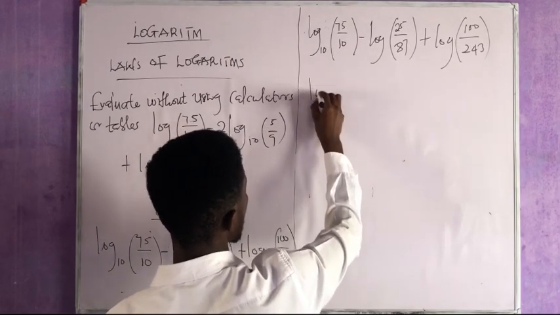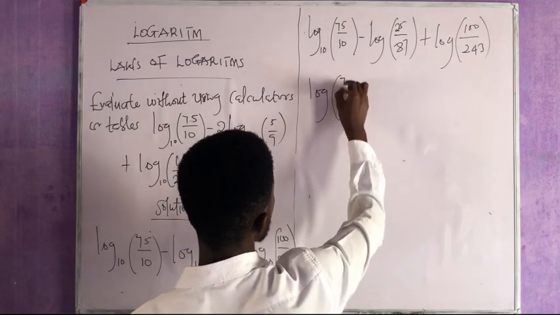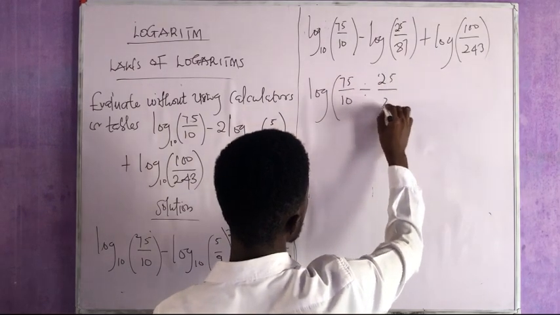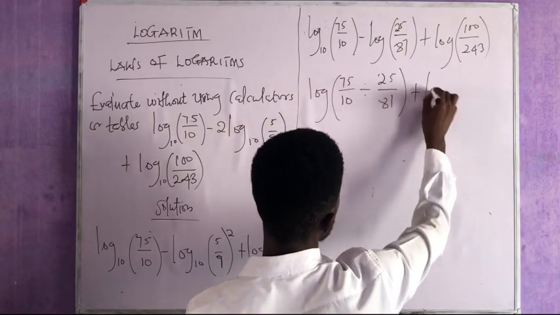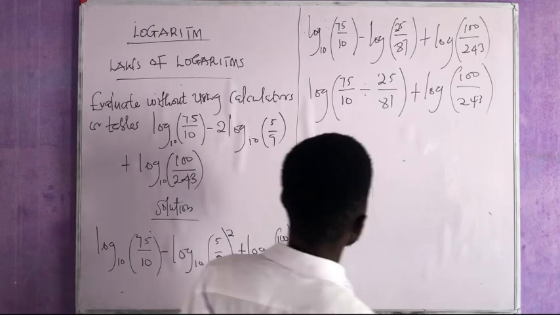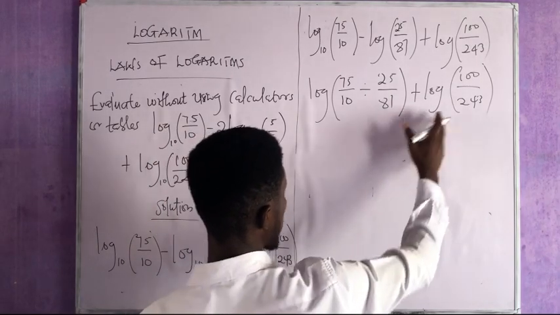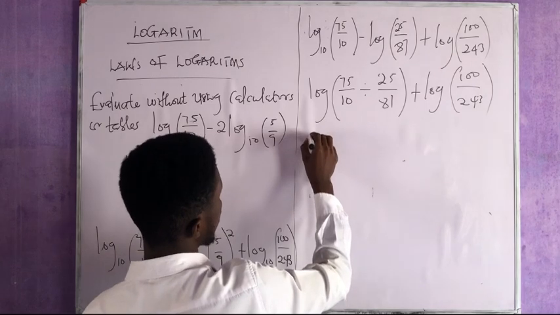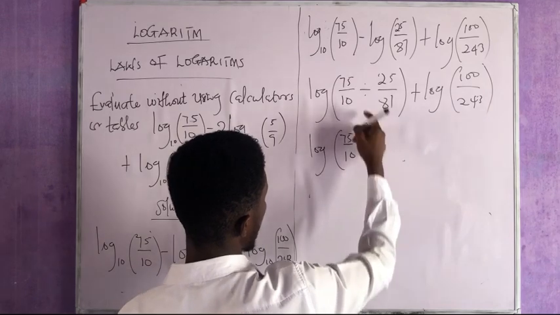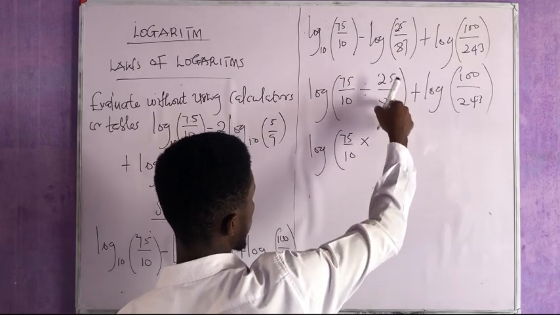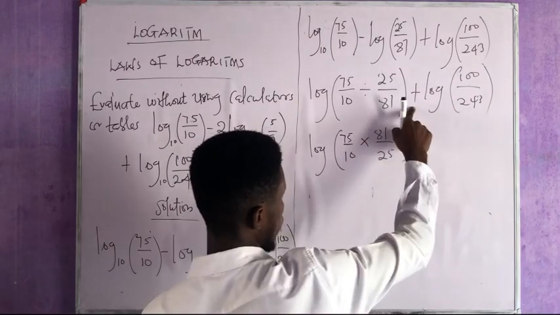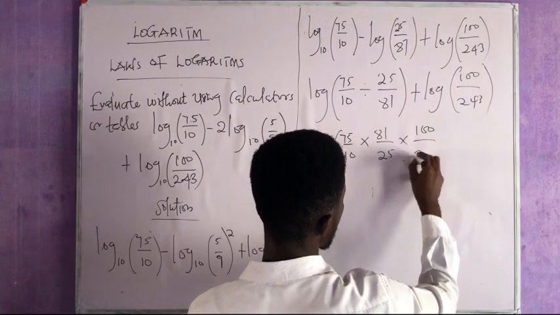So if I want to combine them, I have 75 over 10 divided by 25 over 81, plus log 100 over 243. Now we are adding these two, so I'm going to multiply them by the law. So I have log, and by this division sign I can change it and write it as times. So I'll take the reciprocal, that will be 81 over 25 times this, because of the addition sign, which is 100 over 243.